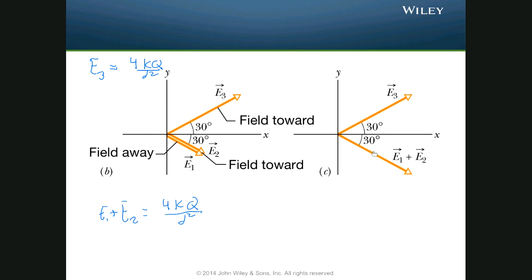You'll notice that they're both 30 degrees above and below the x-axis respectively here. And what we can do is we can say, all right, the y component part, the vertical components, are going to cancel, and our only remaining part for E total will be right along the x-axis. Okay, like that. And we know that that's going to be E total.